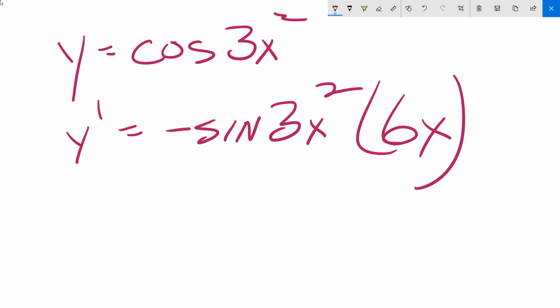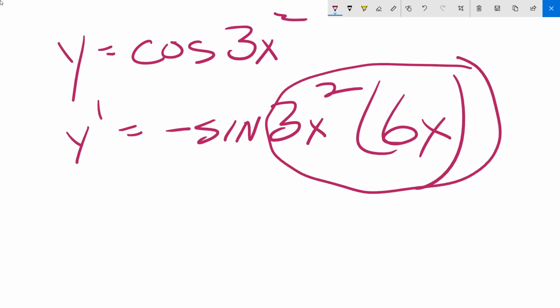You don't have to rewrite it, as long as I use the parentheses like I did, then that is not the argument of the sine function. But it's usually correct to rewrite it to avoid any difficulties. This is interesting.